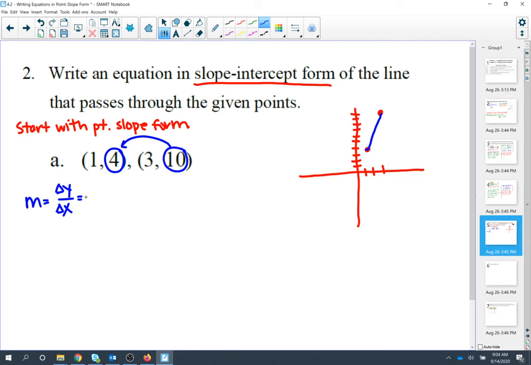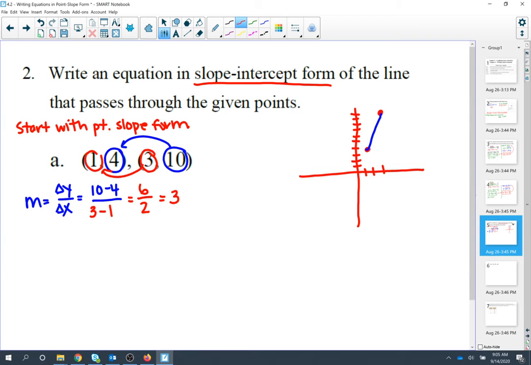And I'm going to do 10 minus 4 over my change in x. Here's my x values. And I'm going to subtract them. 3 minus 1. 10 minus 4 is 6. 3 minus 1 is 2. 6 divided by 2 is 3. So I have my slope, which is 3.